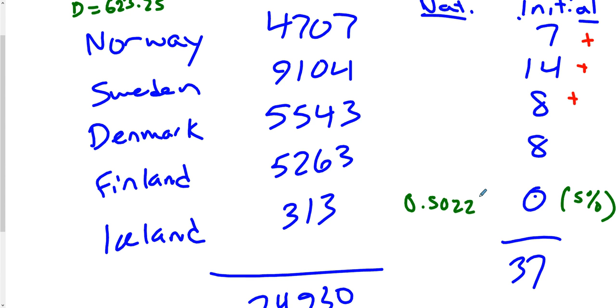So if you were to apply Lowndes' method to this, the calculation you're going to have to do is 0.5022 divided by 0, which guess what? Doesn't exist.